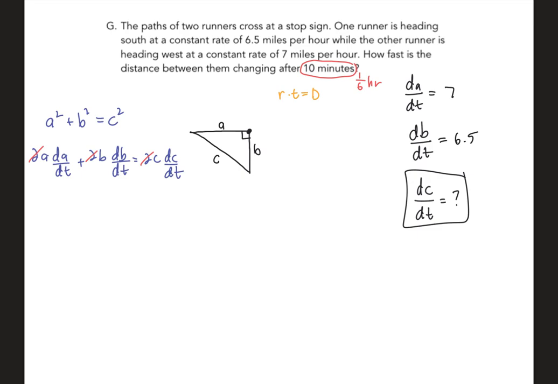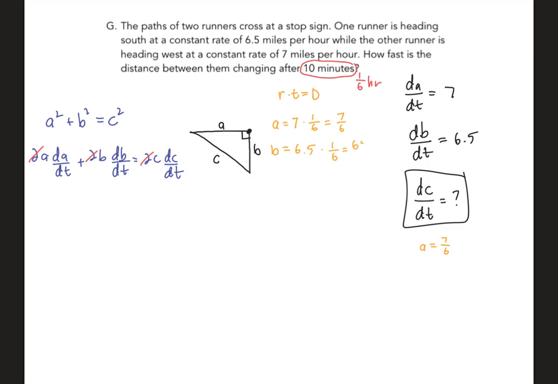Okay, so that means that distance is rate times time. So that rate is 7 times time is 1/6. So A is 7/6. So I'm going to write that down here. Same idea with B. 6.5 is its rate times 1/6.